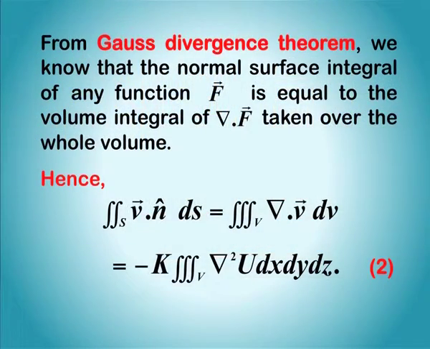So, del dot f, in other words, the gradient taken over the whole volume, is given by equation number 2: the double integral taken over S of all these quantities is equal to the volume integral. Triple integral always denotes the volume, of del dot vector v, where del dot is again divergence, which is minus K triple integral over V of del square U dx dy dz, 3 integrals and 3 variables that appear here.